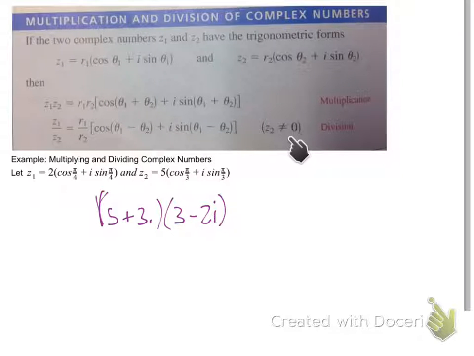Now, of course, you can't divide by 0, so you cannot have your r2, or your second complex number, be 0. Makes sense. So, I would like you guys to try to do the multiplication and division on your own before we come together to actually put an answer down. Use the fact that all we're doing is multiplying and adding, dividing and subtracting.